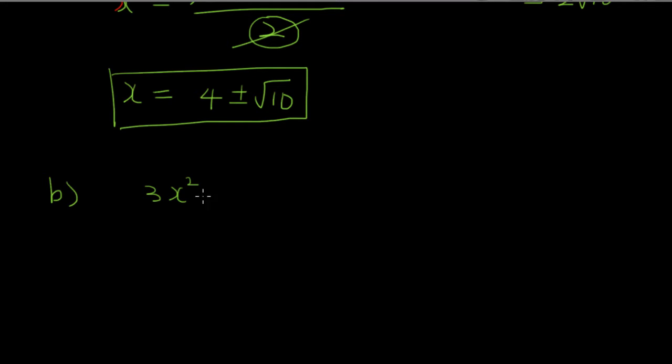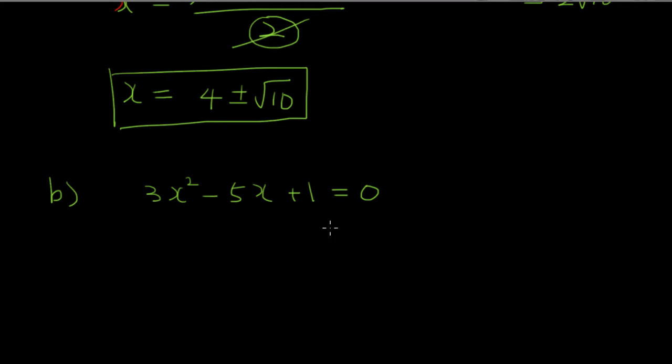3x squared minus 5x plus 1 equal 0. Now, you cannot use the complete the square technique. I mean, technically you can, because you can divide everything by 3, make it 1, and then go from there, but it's going to get really, really messy.